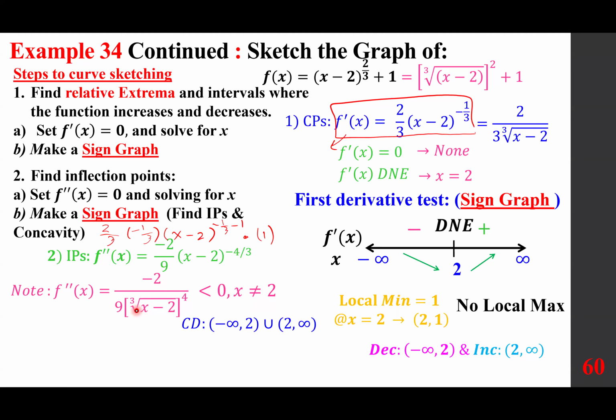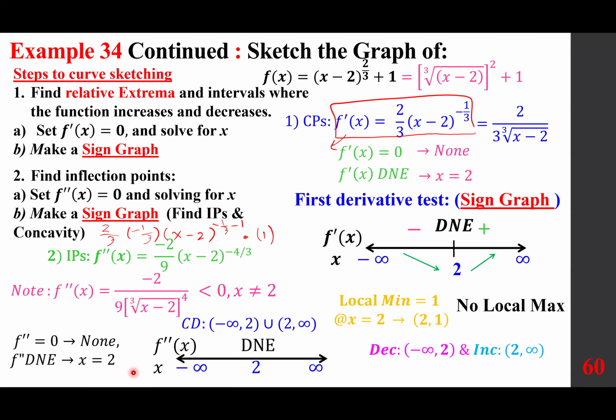Okay. Now, you could do the sign graph. You don't need to, if you see that. But if you don't see it, let me quickly show you. f double prime equals 0 because the numerator is a number? The answer is no. f double prime doesn't exist where the answer is 2. You do the number line. Again, we do the same thing as here. To the left of 2, you pick a number, for example, 0.